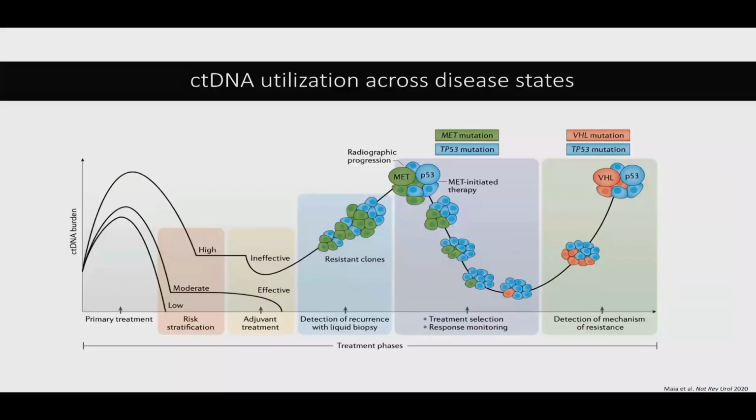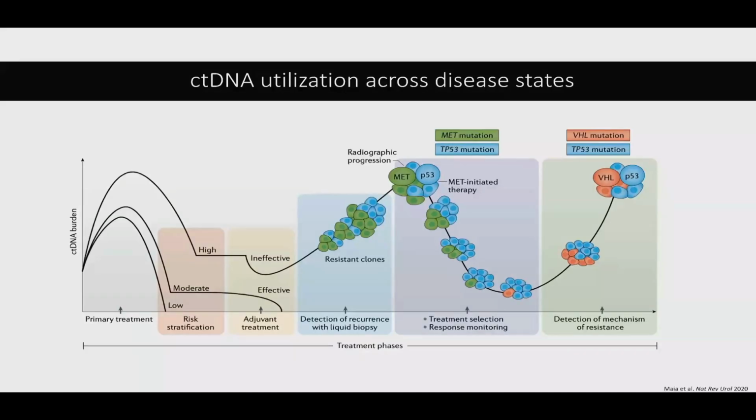There are essentially multiple points in time where ctDNA can be utilized in the RCC disease course. After treatment of a primary tumor, every patient has a different recurrence risk, and often patients are stratified based on the clinicopathological characteristics of their disease. But ctDNA might be integrated into risk stratification to better determine which patients could benefit from adjuvant therapy.